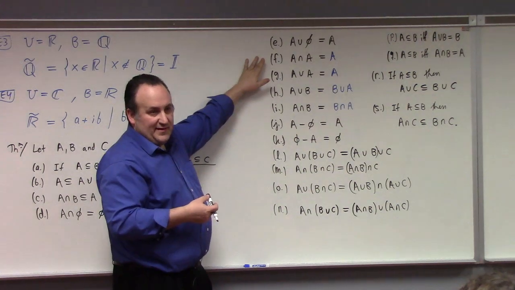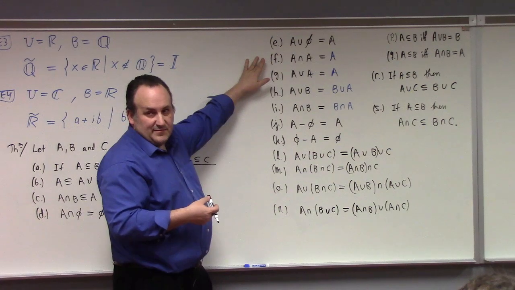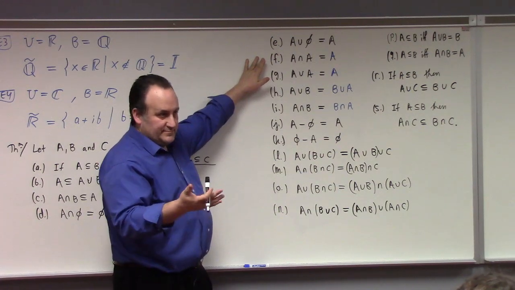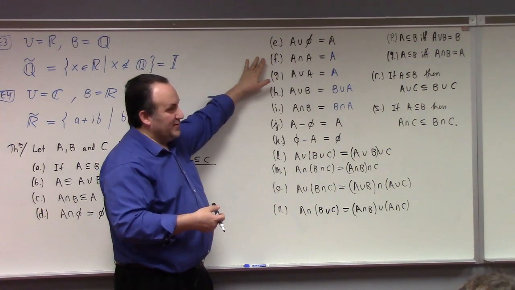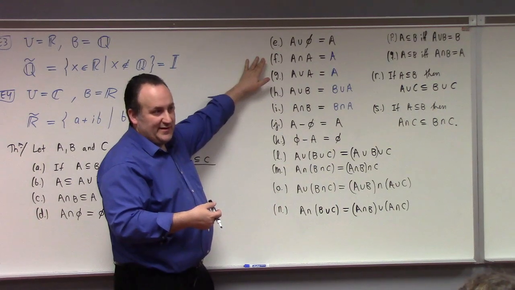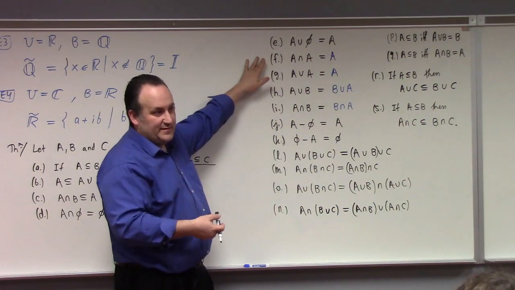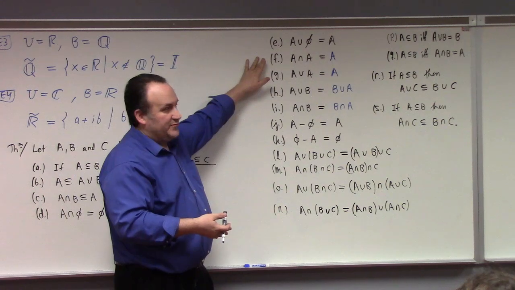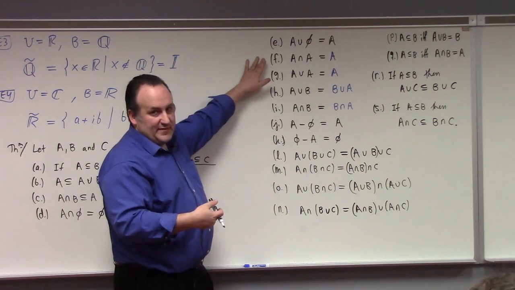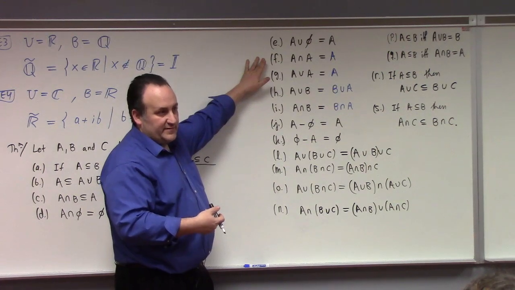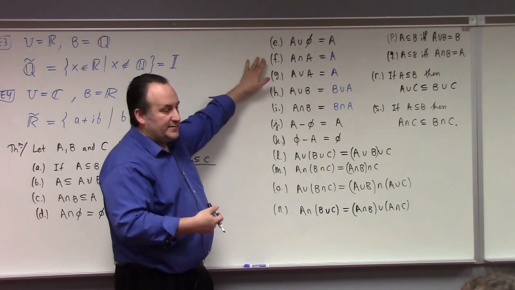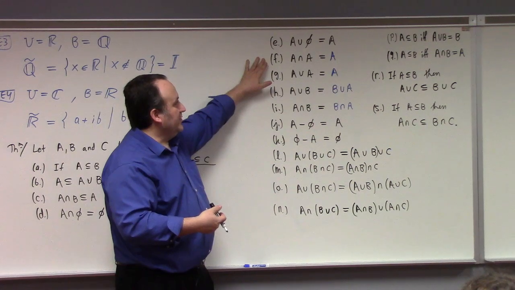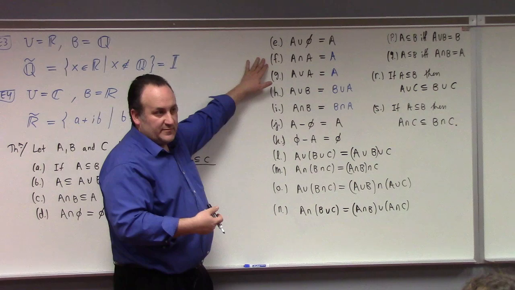Let X be an element of A. Then X is an element of A and X is an element of A. Conversely, if X is an element of A intersect A, then X is an element of A and X is an element of A, which means X is an element of A. Those two sentences respectively prove that A intersect A is a subset of A and that A is a subset of A intersect A, which is to prove that these are equal by double containment. In other words, A intersect A and A have the same elements.